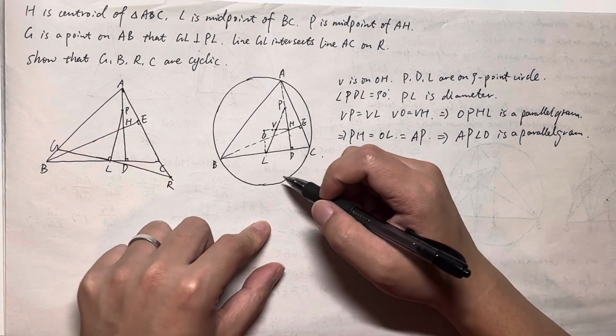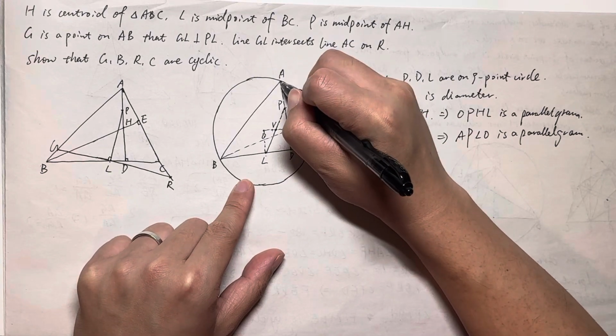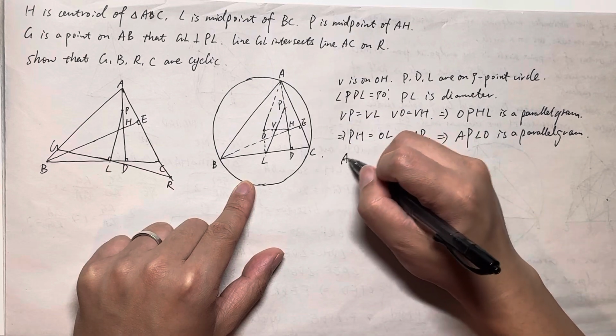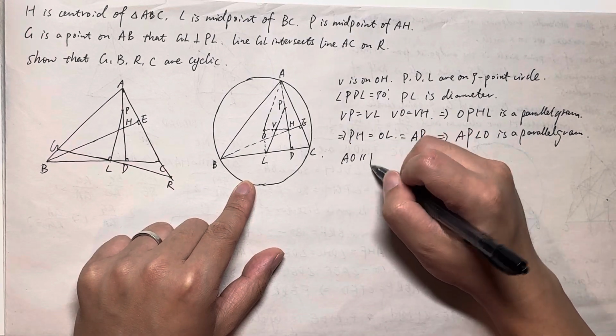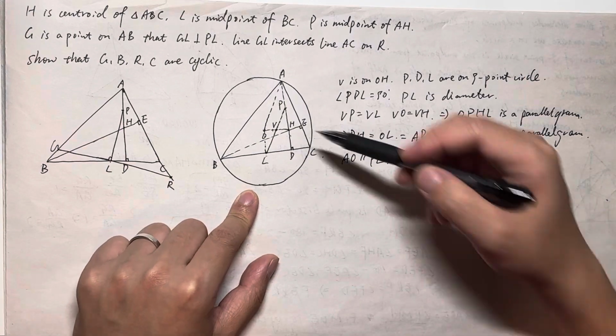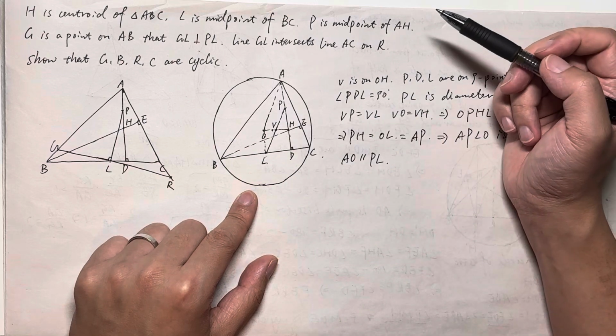Now we can just connect AO. We know AO is parallel with PL because AOLP is a parallelogram. So AO is parallel with PL and AO equals PL.